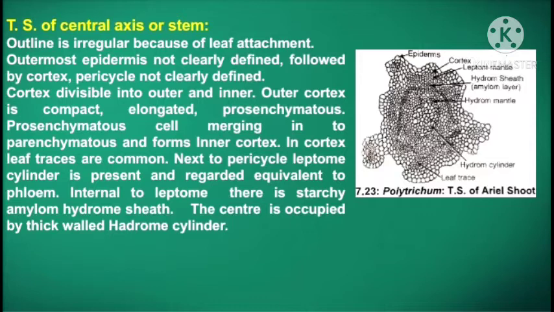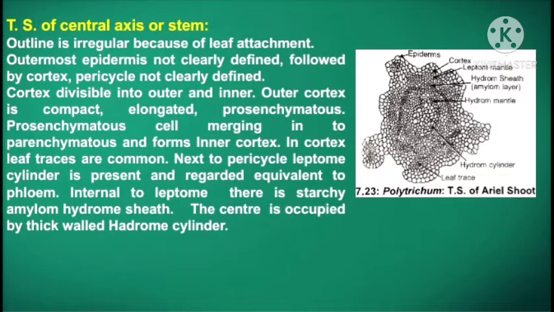Next to the pericycle, a leptome cylinder is present, regarded as equivalent to phloem. Internal to the leptome, there is a starchy amylum hydrome sheath. The center of the main axis or stem is occupied by a thick-walled hydrome cylinder. Once again, the anatomy of the main axis: there is an irregular outer outline of the epidermis.